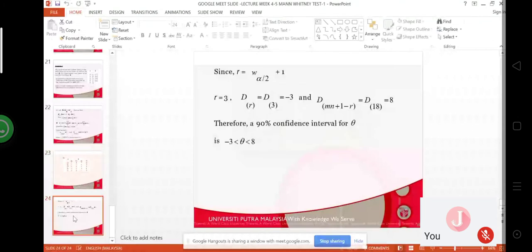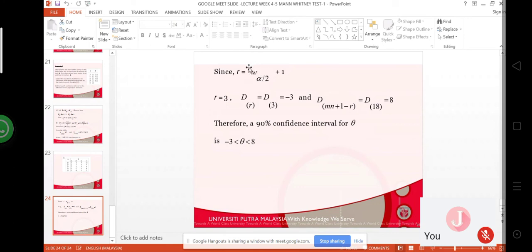So for illustration, I want to find the 95% confidence interval of the difference between the two population medians, M1 minus M2. If 95% confidence interval, meaning that W alpha divided by 2 should be W 0.025.